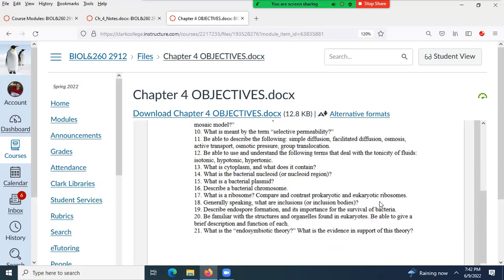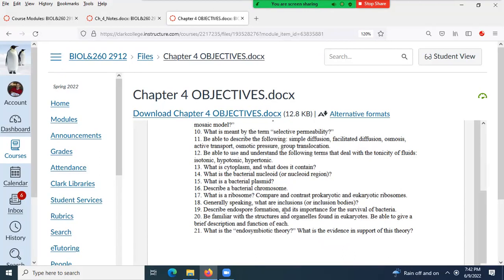A eukaryote ribosome is larger at 80S. A bacterial ribosome is 70S or smaller. You should know an inclusion or inclusion body is something incorporated into the cell, and it becomes at high enough concentration that the material precipitates out of solution and forms the inclusion body.